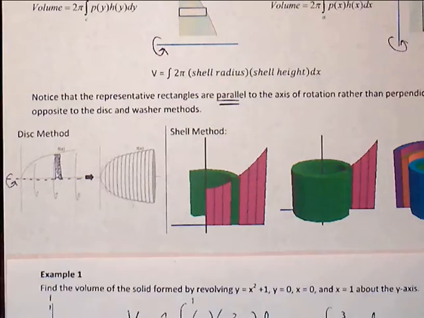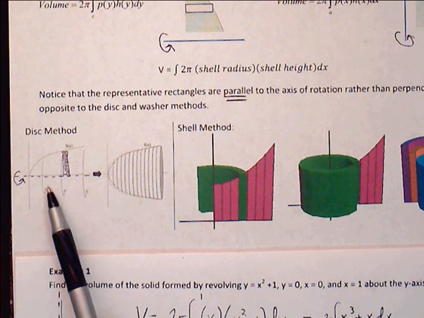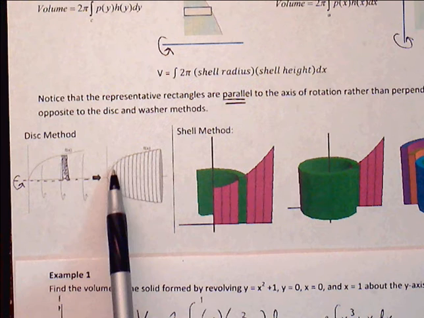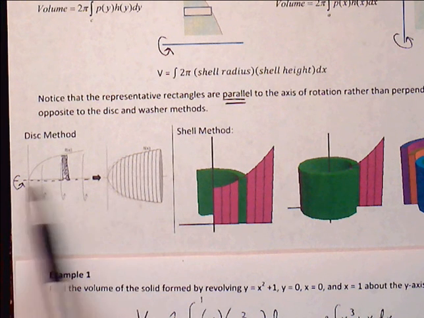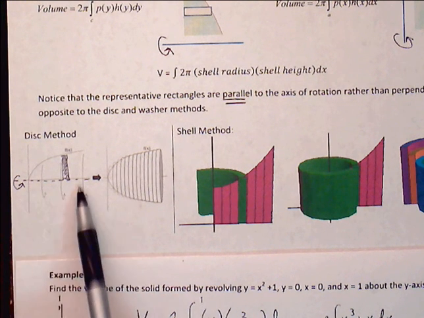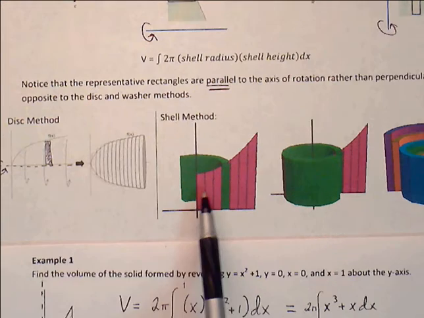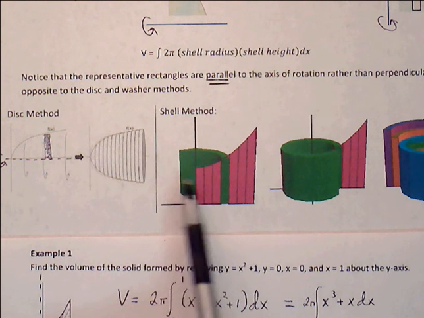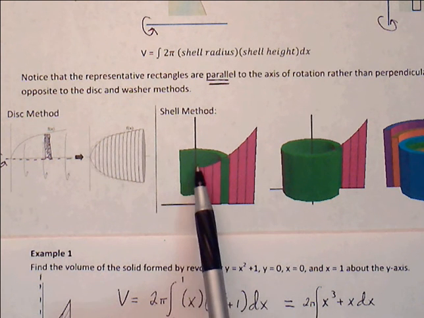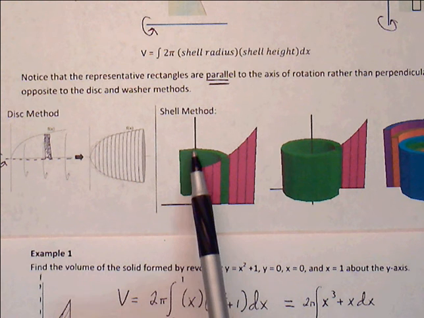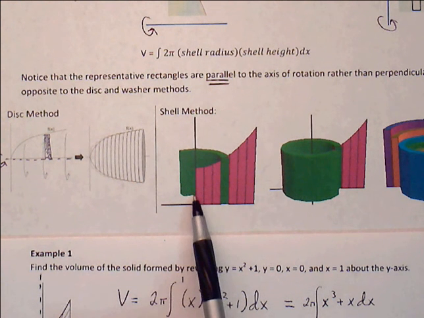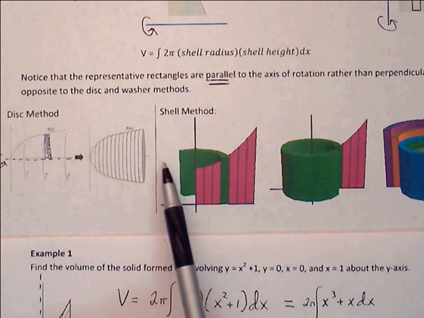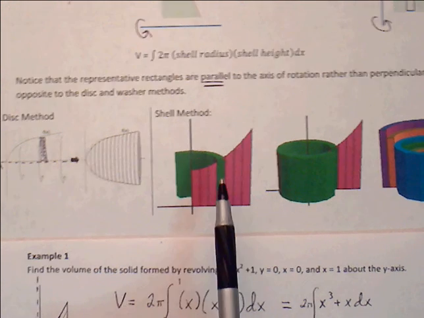With the disk method, we thought of these cylindrical disks stacking on top of one another. But with the shell method, imagine we now have these cylindrical shells layering from the axis of revolution, getting larger and larger, further and further away from the axis.